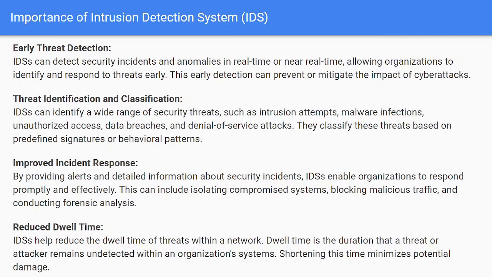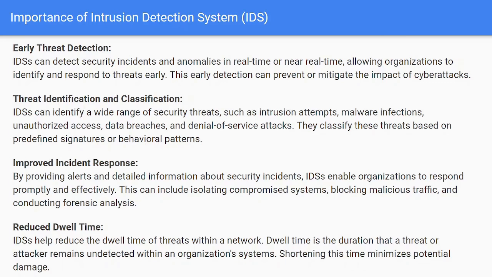So basically, early detection simply means that once this malware occurs or once there's suspicious behavior, IDS has the potential to report as early as possible, to detect this information or this attack as early as possible.